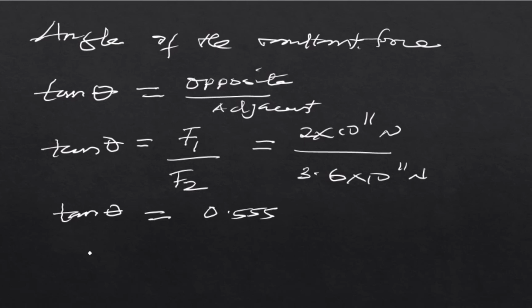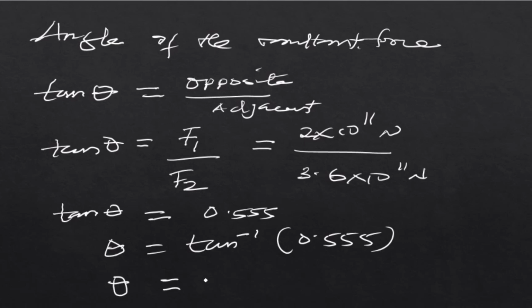So taking the tan inverse, theta is equal to tan inverse of 0.555, which automatically gives us 32.28 degrees. So this is the angle.